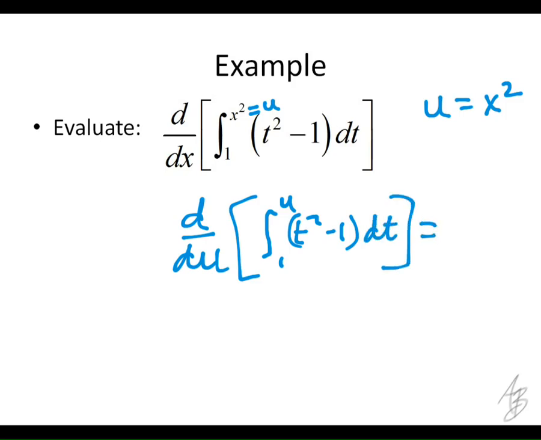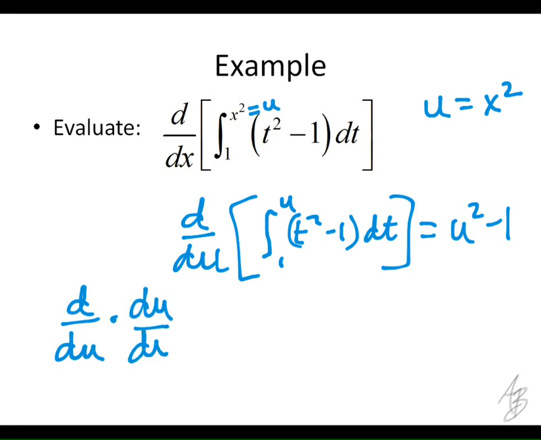is going to be equal to what? Yes, this is going to be u squared minus 1. However, we want to find the derivative with respect to x. So since we want the derivative with respect to x, that's going to be equal to the derivative with respect to u times the derivative of u with respect to x.